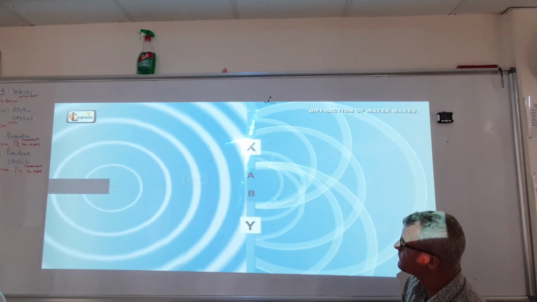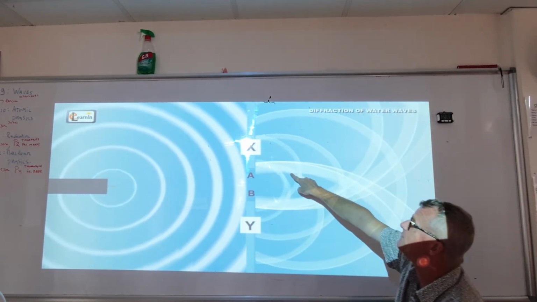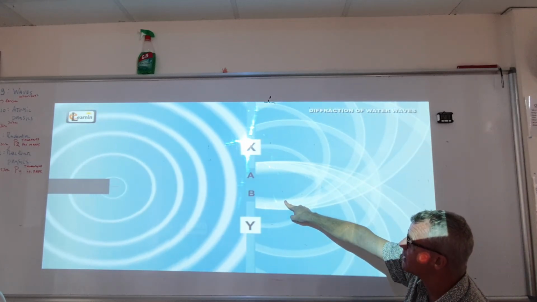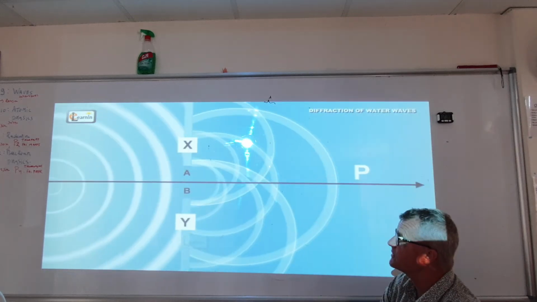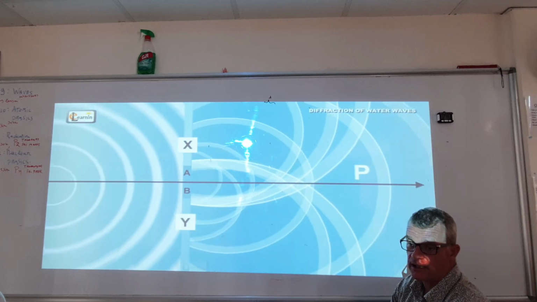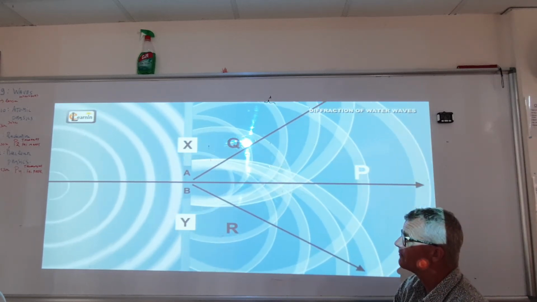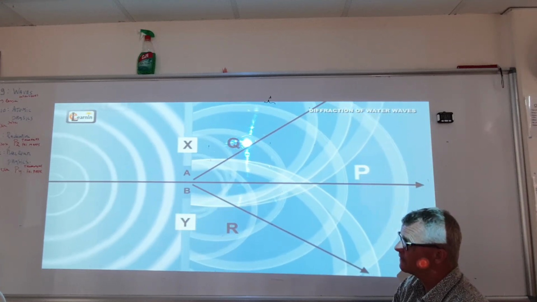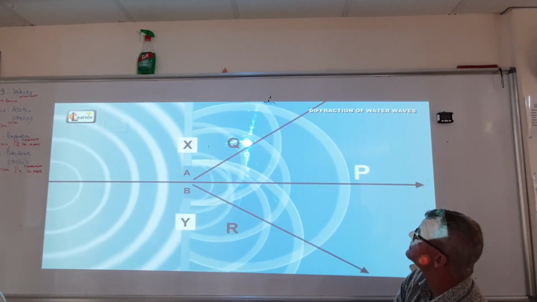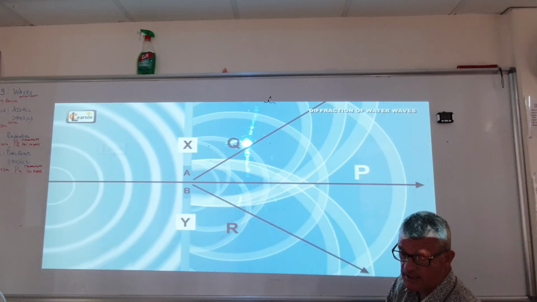And now we get the effect, yeah? We see that the waves are bending quite a lot around the opening, okay? And this is what we call diffraction, yeah? A clear example of diffraction, yeah? And the amount of diffraction depends on the opening size, A and B in this case, okay?